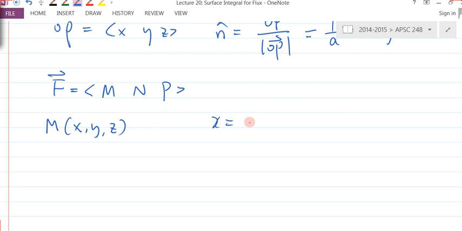X equal to rho sine phi cosine theta. Y equal to, but don't write it yet, okay? It's not a rho. It should be what?